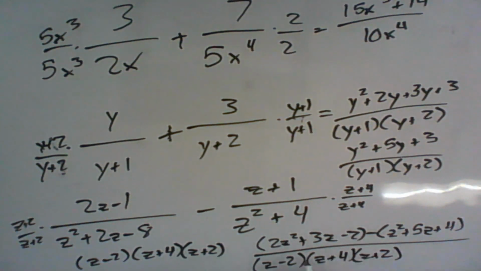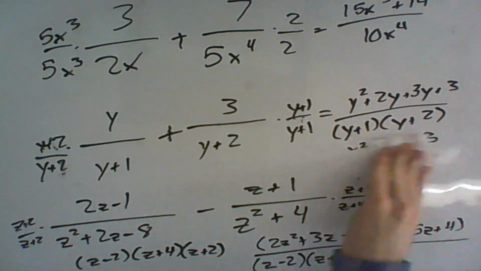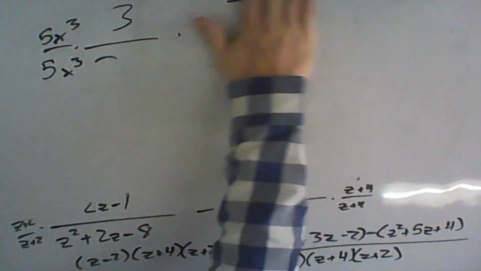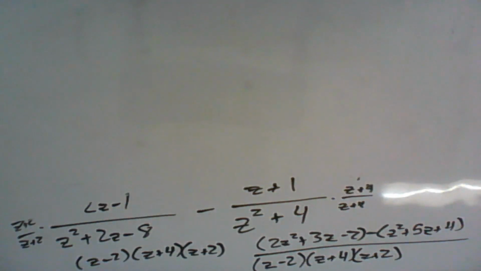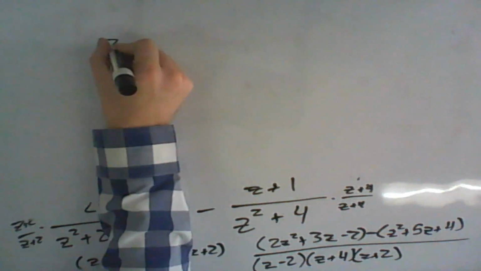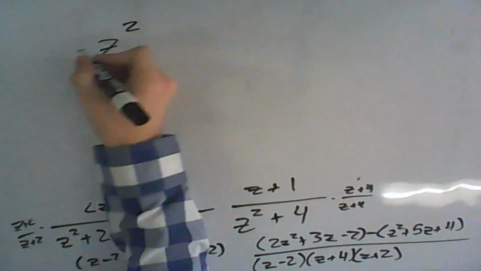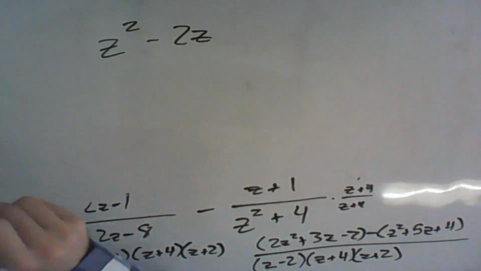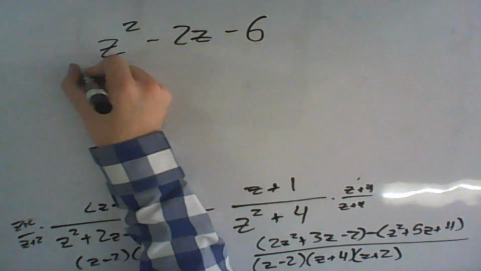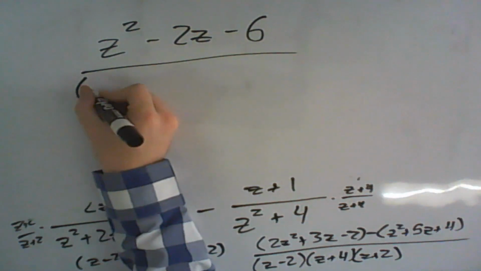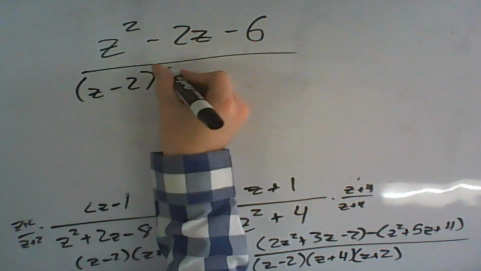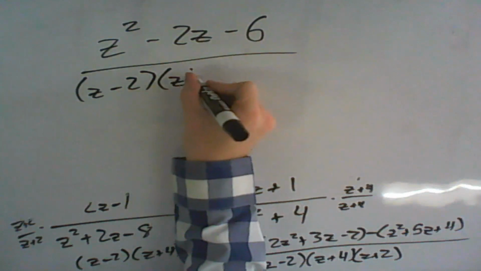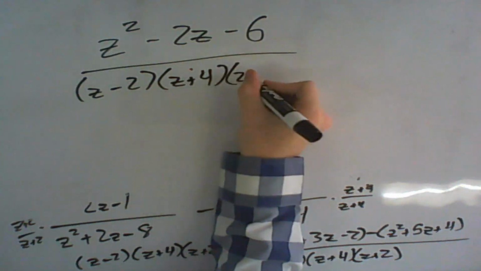If you cancel, there's a lot of stuff going on here. So if you cancel, you get z squared minus 2z minus 6 over, and then the parentheses z minus 2, z plus 4, and then z plus 2.